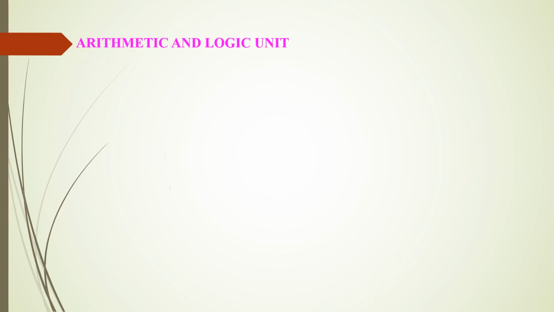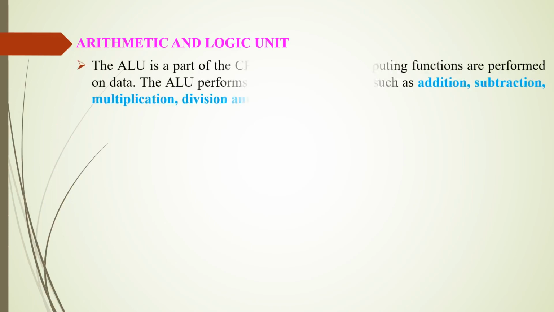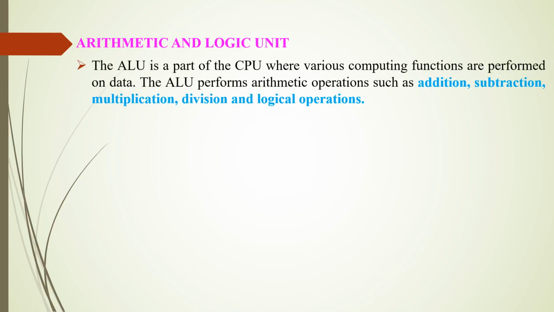The first CPU component is the arithmetic and logical unit. What things are done inside the ALU? If we make mathematical calculations like addition, subtraction, multiplication, division, all these basic operations are done inside the computer with the help of this ALU only.